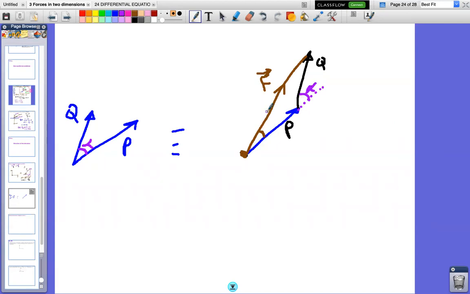You can use any way to find the magnitude of F. If you know this angle, and this angle is say theta, you can use the sine rule: Q over sine theta should be equal to F over sine of 180 minus alpha, for instance.